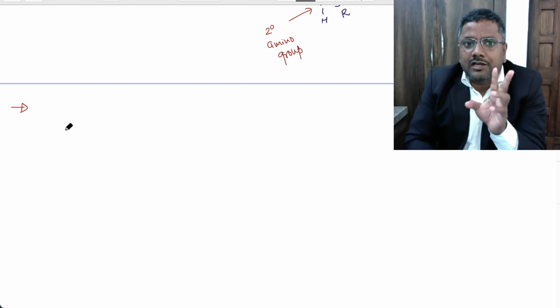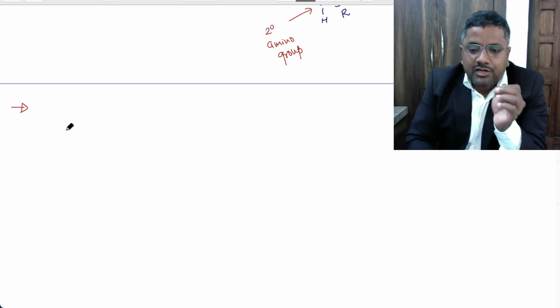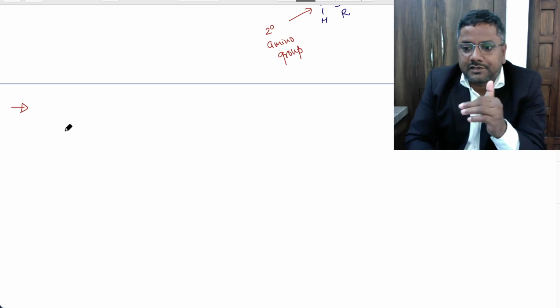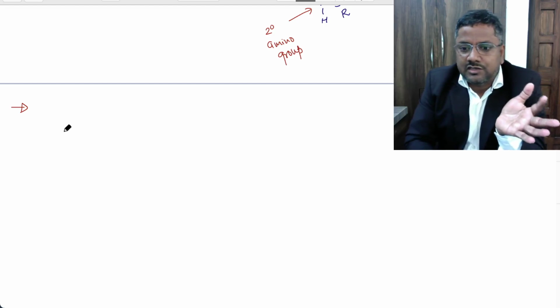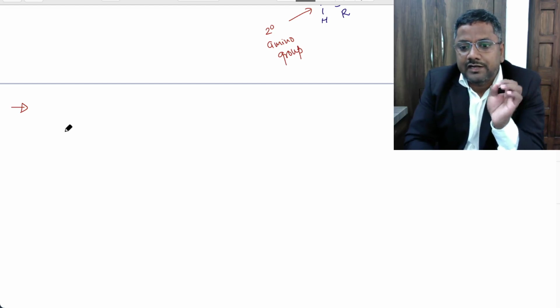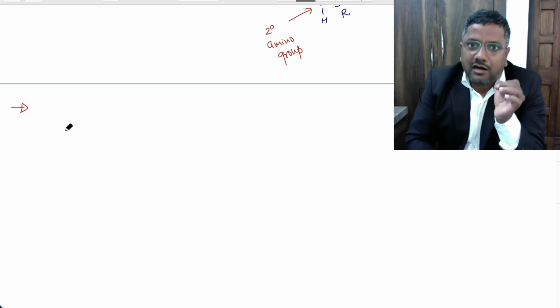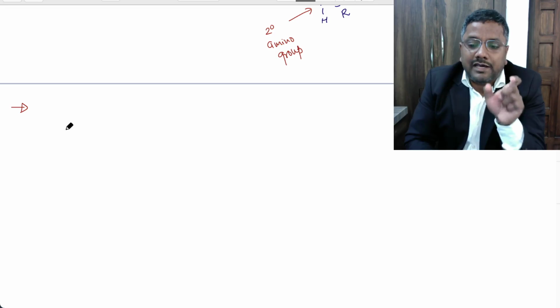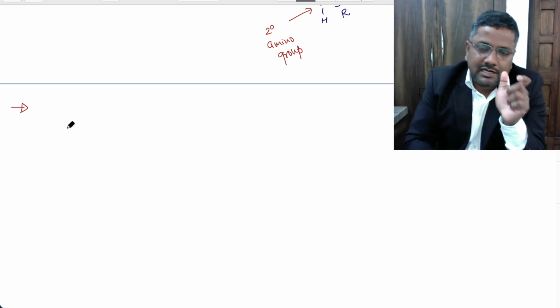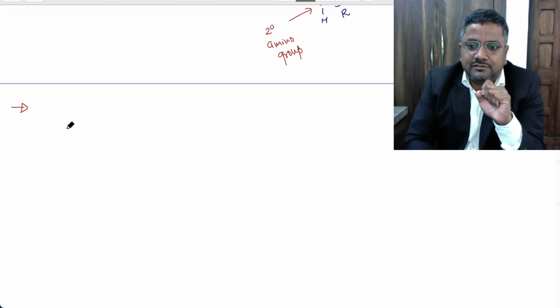All 20 amino acids are required in the human body for various physiological actions and biological reactions. But some of them are directly synthesized in our body, so they are said to be non-essential because our body itself manages that.